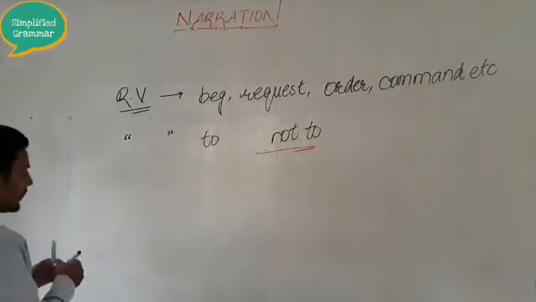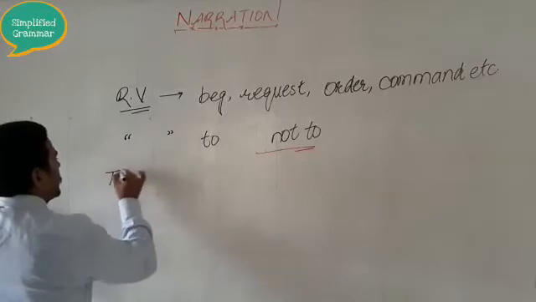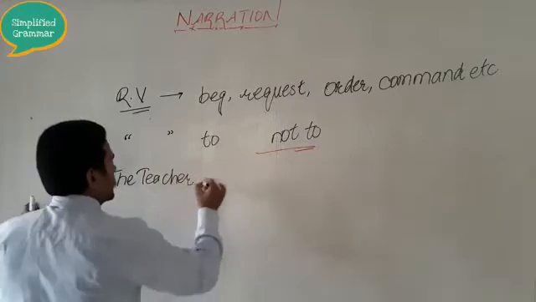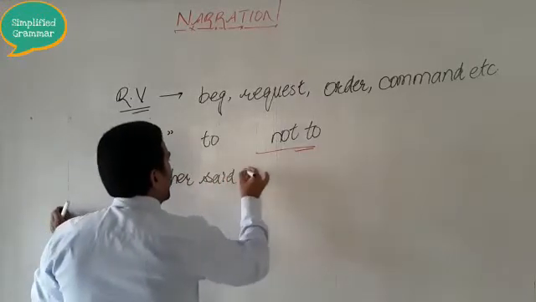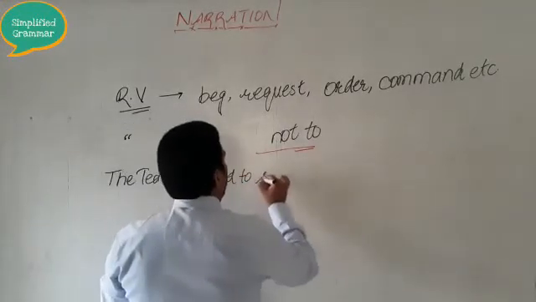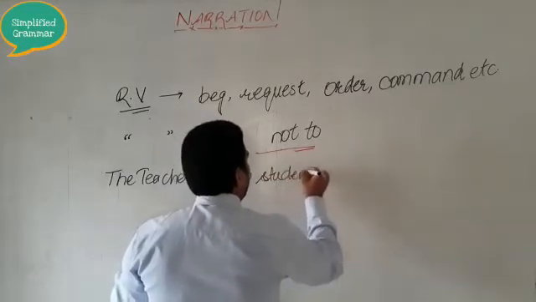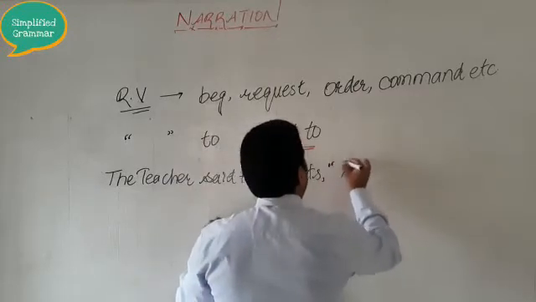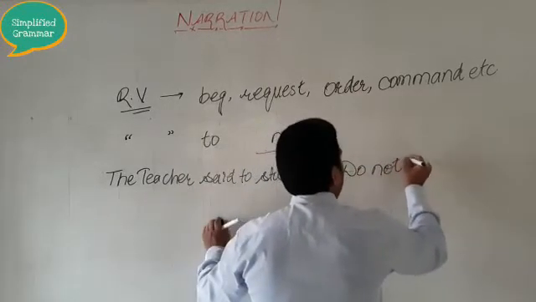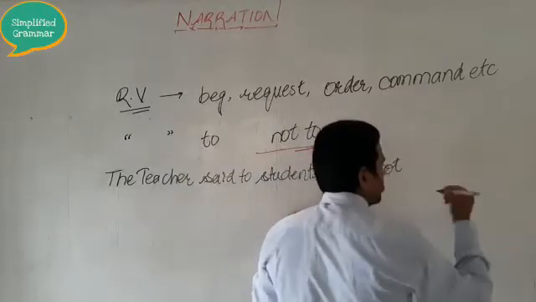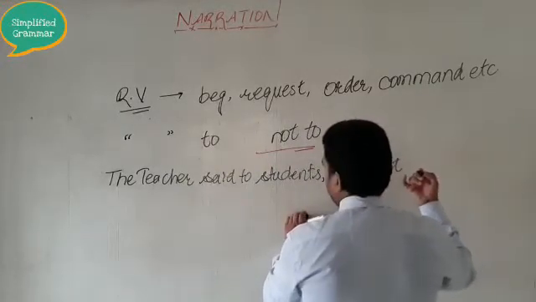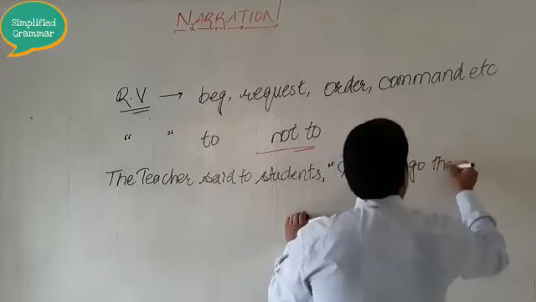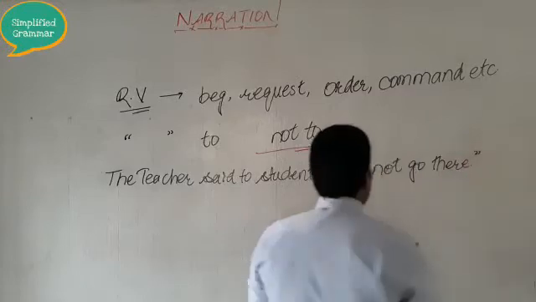So how, let us see. For an example, if I write here, the teacher said to students, comma, double inverted comma, do not go there, full stop, double inverted commas, close.